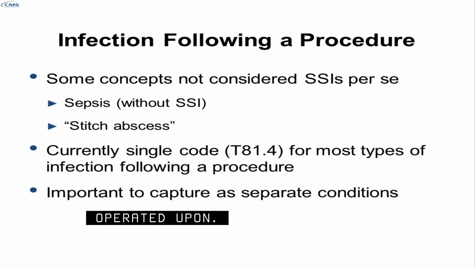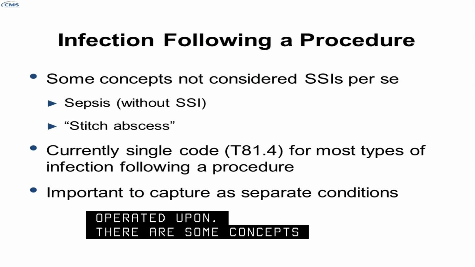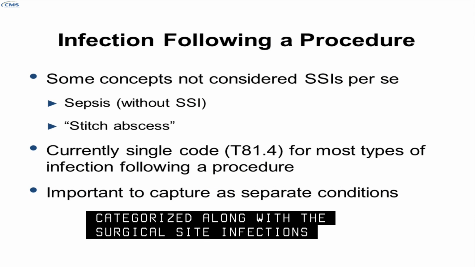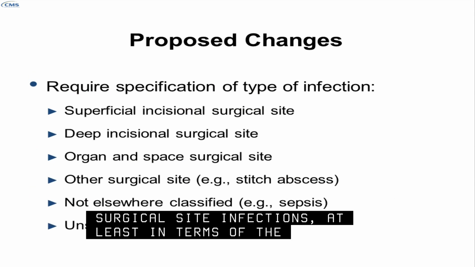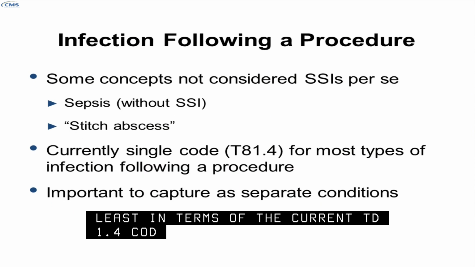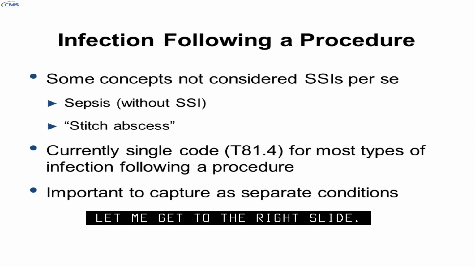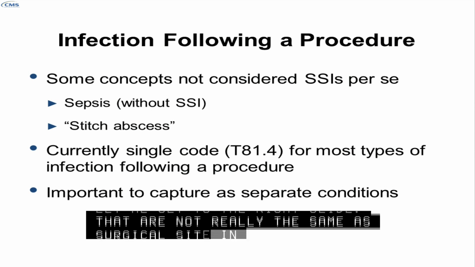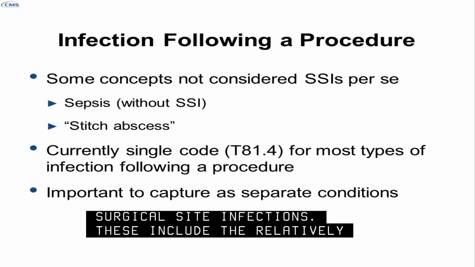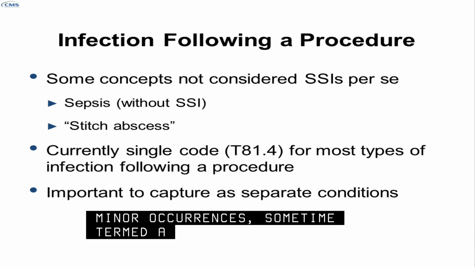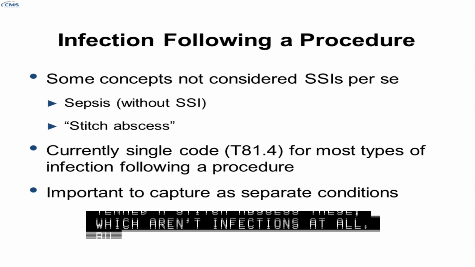There are some concepts that are categorized along with the surgical site infections, at least in terms of the current T81.4 code, that are not really the same as surgical site infections. These include the relatively minor occurrences, sometimes termed stitch abscesses, which really, in a way, aren't infections at all, but perhaps just a robust inflammatory response to a foreign body.